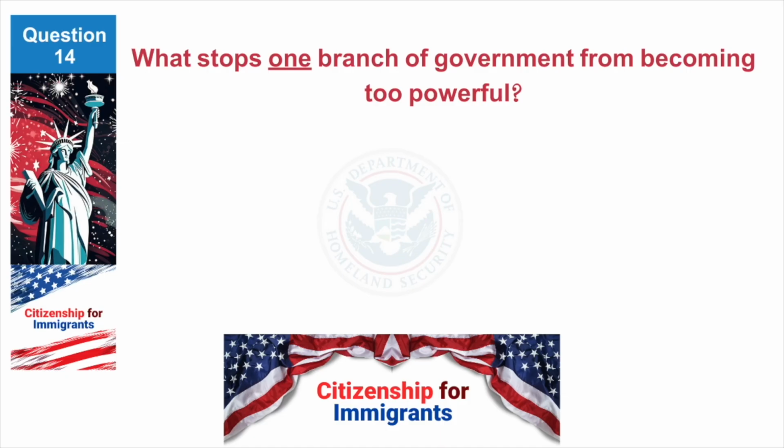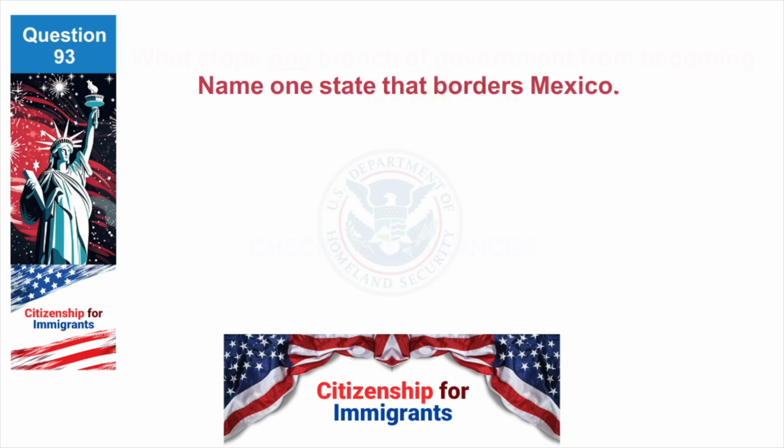What stops one branch of government from becoming too powerful? Checks and balances. Name one state that borders Mexico. California.